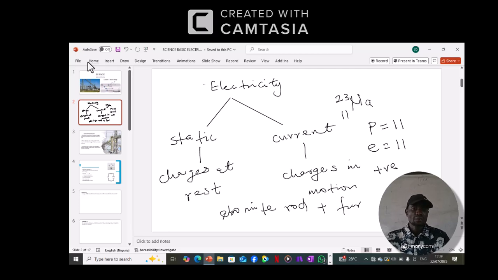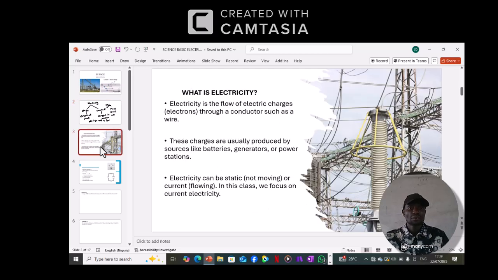Okay, now let's continue. What is electricity? Electricity is the flow of electric charges, like I said. And when we're talking about charges, we're also talking about electrons.